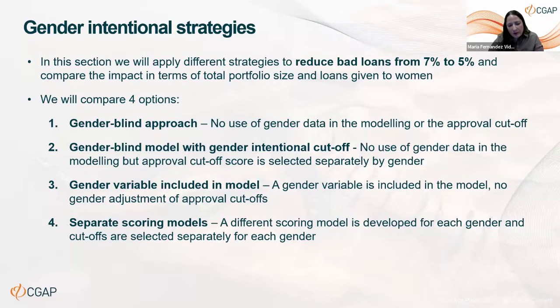So the more data that you have available, the bigger advantage that you'll have in terms of developing separate scoring models. And on the other side, if you don't have a lot of variables, you don't have very large samples, 3 might be a better starting point. And now Dean will just show the examples for each one of these.